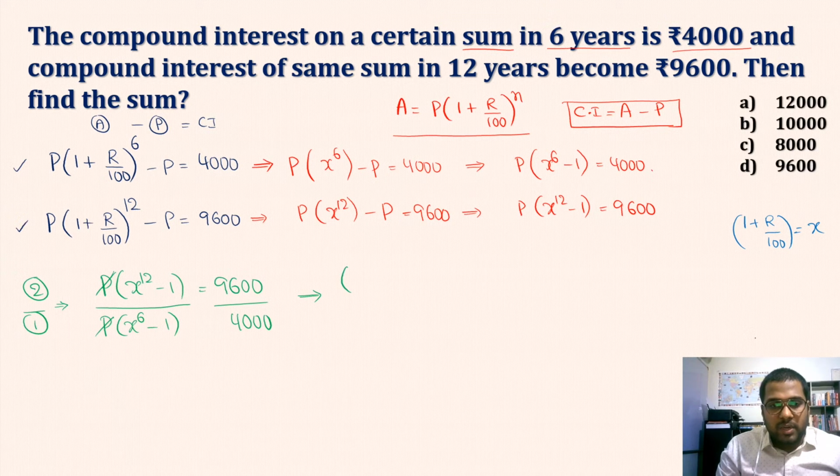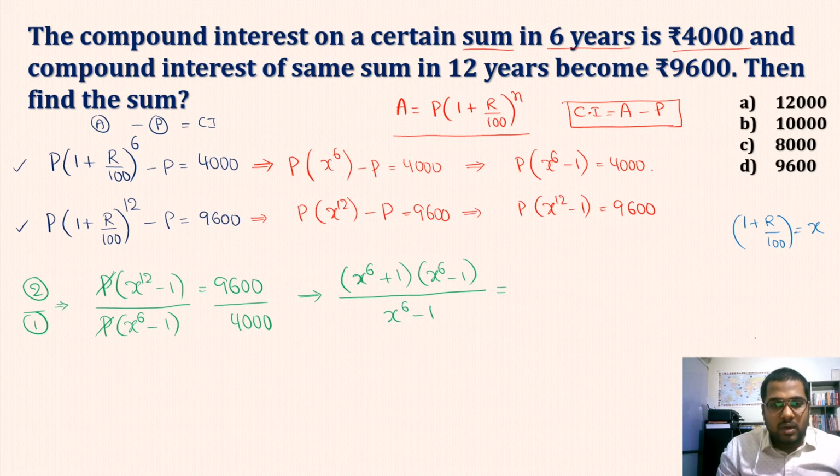You can write the numerator X power 12 minus 1 as (X power 6 plus 1) into (X power 6 minus 1), since (A plus B) into (A minus B) is A square minus B square. The denominator is X power 6 minus 1.